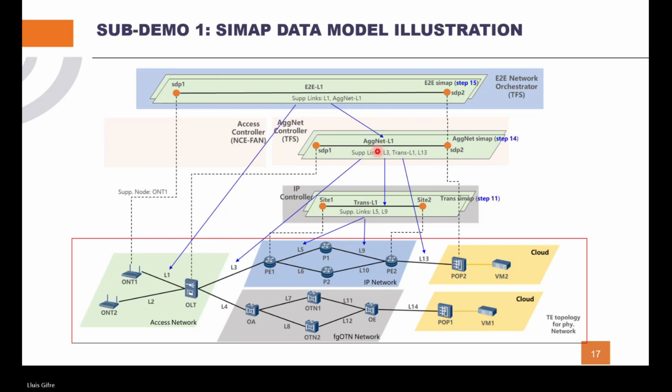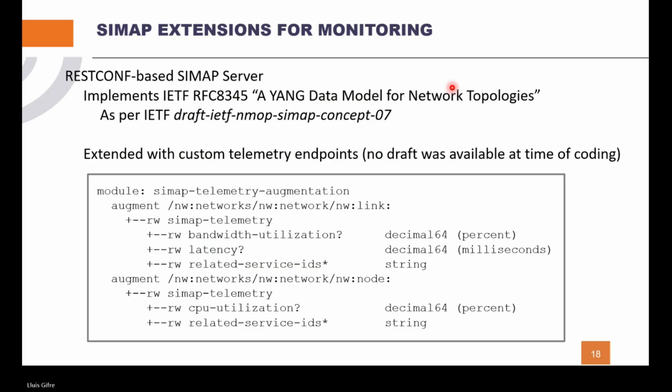So then each layer keeps aggregating the telemetry data, and at the end, at the top layer, you get the end-to-end aggregated monitoring data for your specific service. So that enables you to monitor, for each individual service, the telemetry. Okay, so in this case, we are considering the bandwidth and the capacity and the latency.